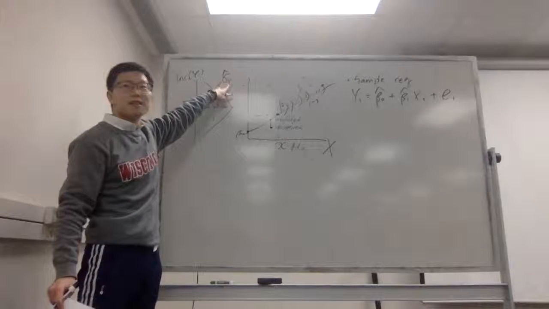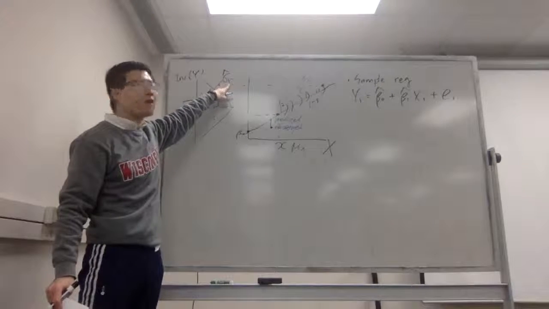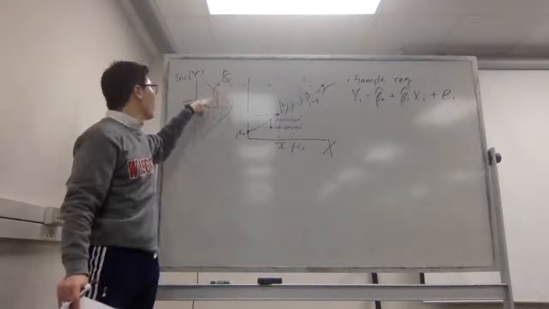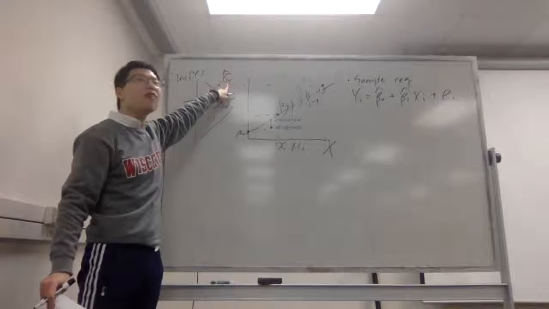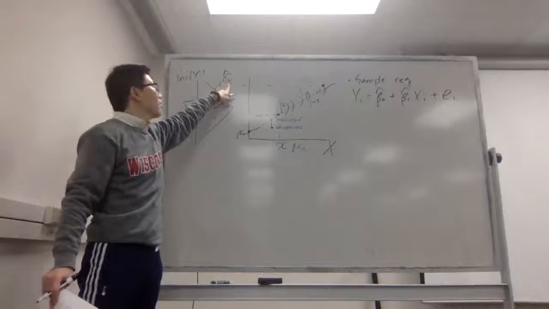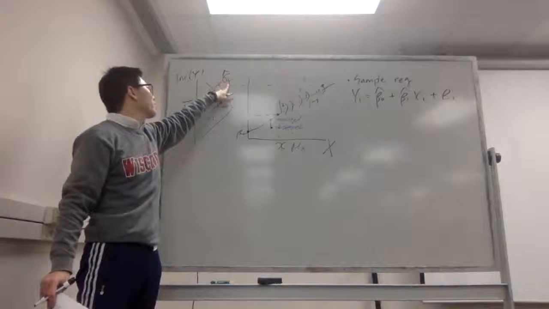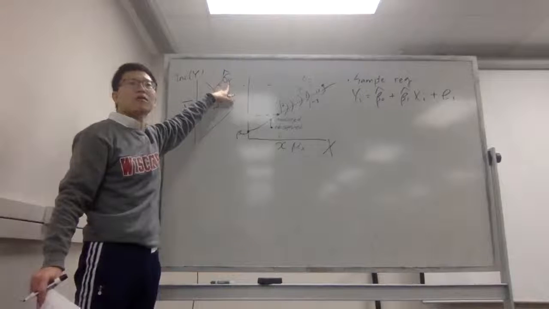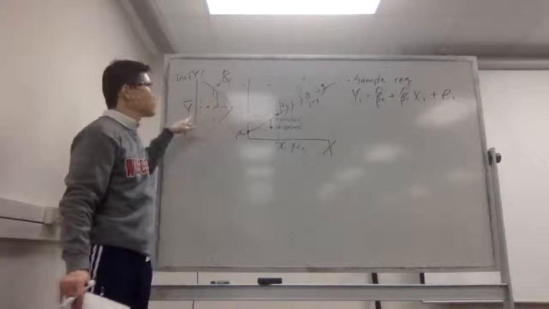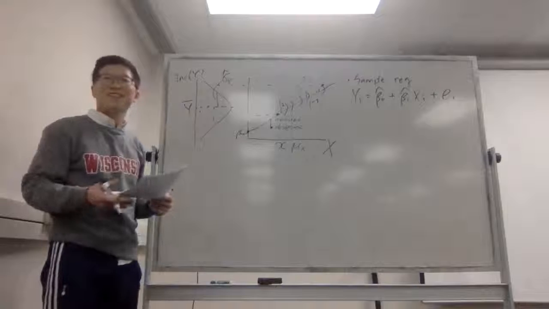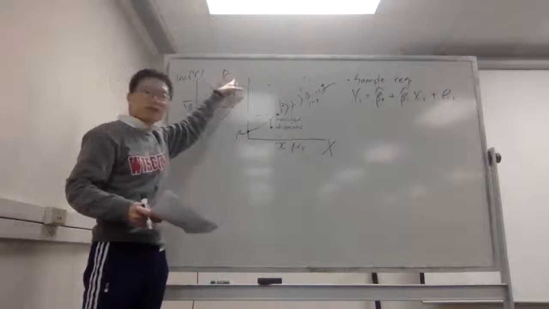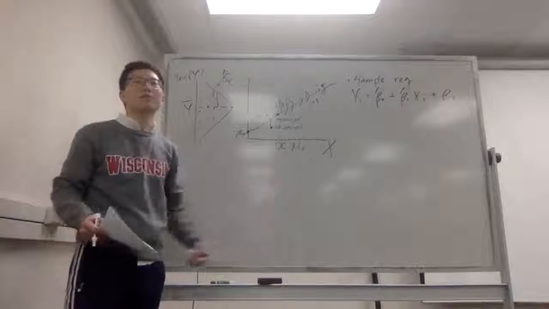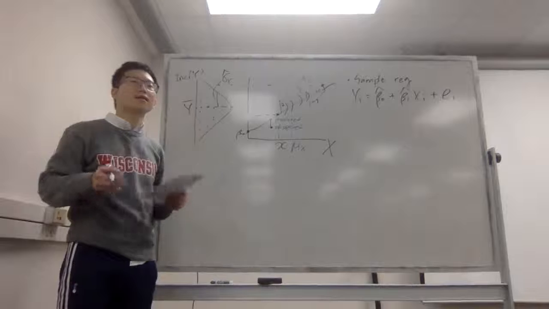And then this is the sample standard deviation of the y variable. Okay? This is the unconditioned variance or standard deviation of y for the sample. Does that make sense? Good. It has a hat because it's a sample and it's estimated from that sample.